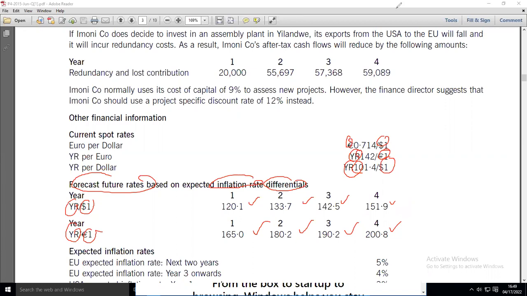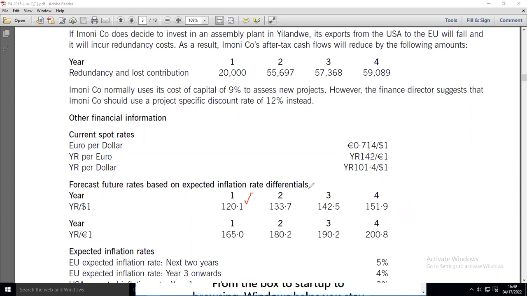But I have an exercise for you. As part of your personal study before the next class, you must go and calculate these. Prove that these are correct. Take the Rand on a dollar spot rate, and from this calculate the forward rates in year 1, year 2, year 3, and year 4.